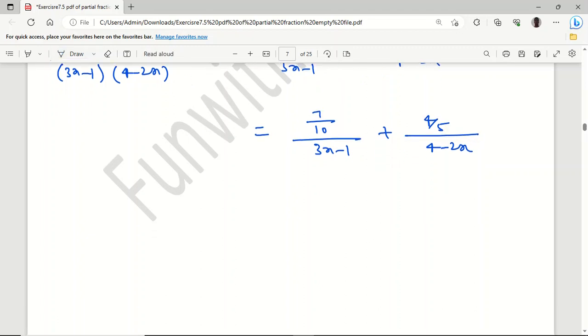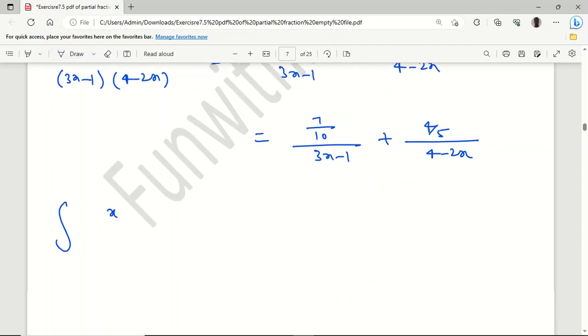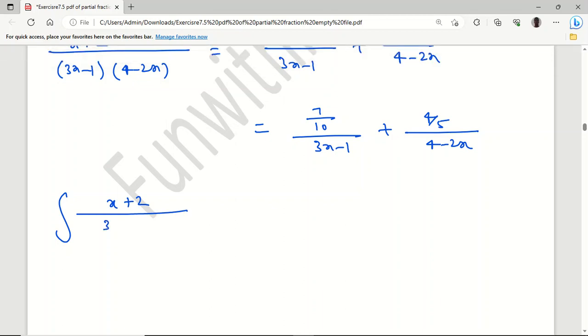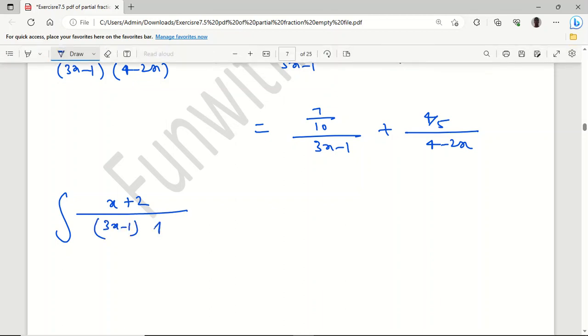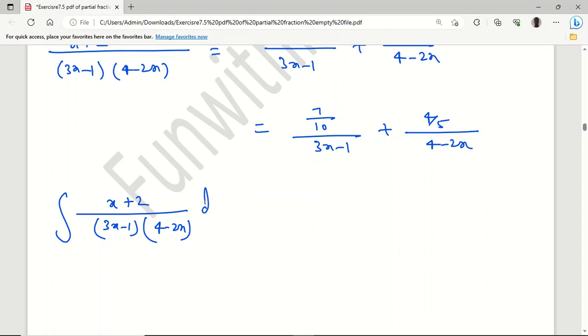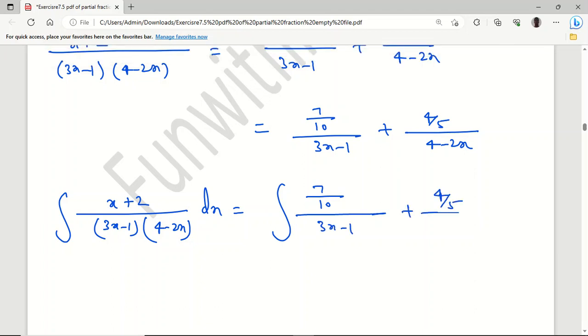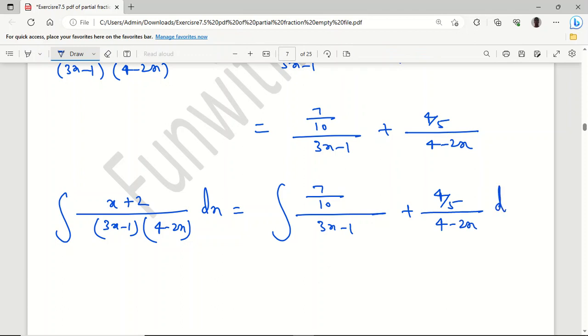So now I'll integrate it. Integration of x plus 2 upon 3x minus 1 by 4 minus 2x dx equal to integration of 7 upon 10 by 3x minus 1 plus 4 upon 5 by 4 minus 2x dx.